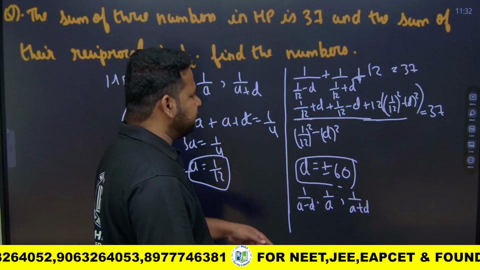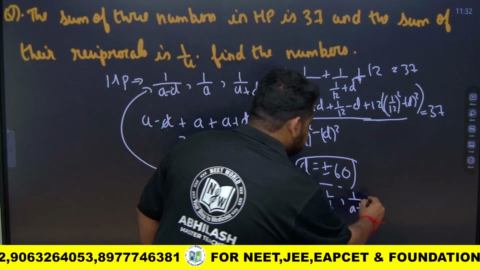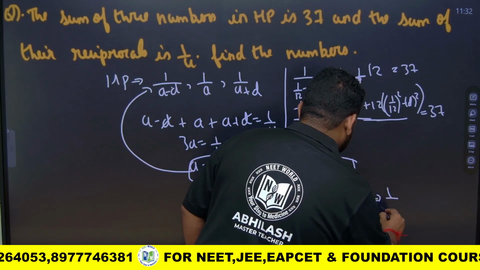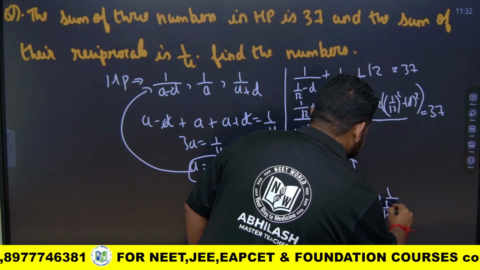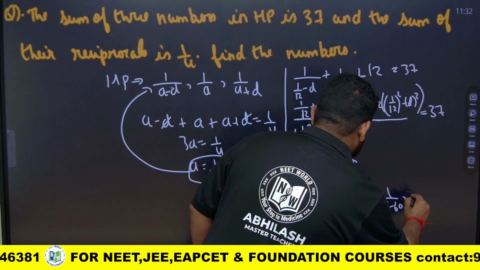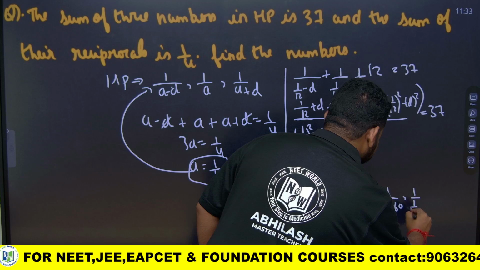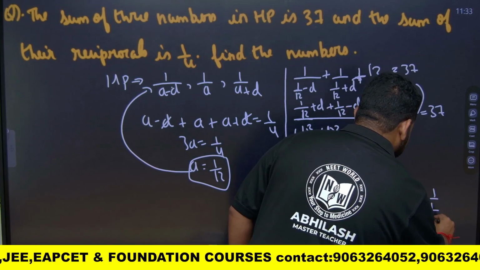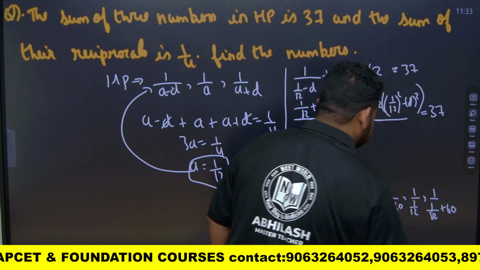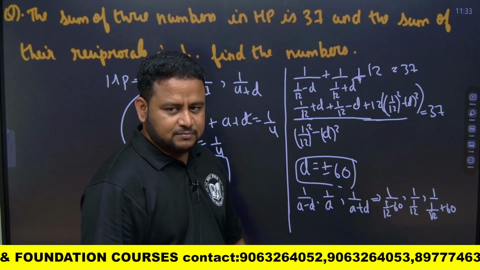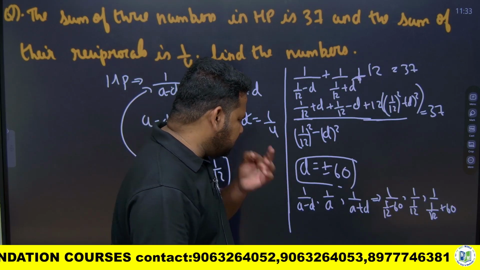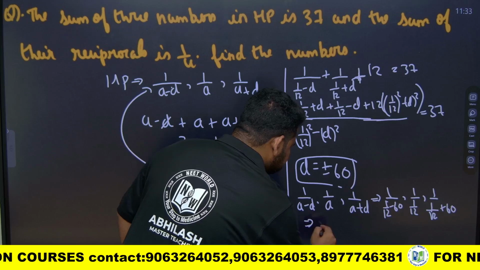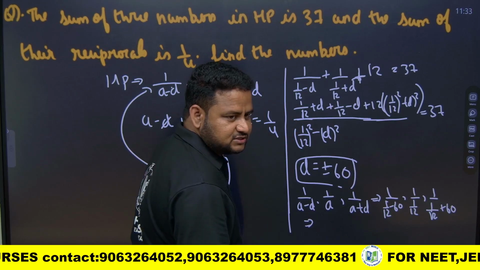Now if I put the value, this will become what? I'll get it as 1 by 12 minus 60, 1 by 12, 1 by 12 plus 60. If I take 12 as the LCM, what will I get here? 12 into 60 is 720.